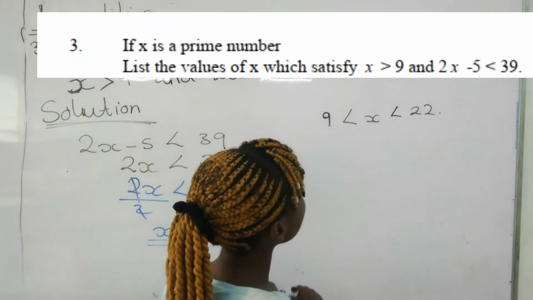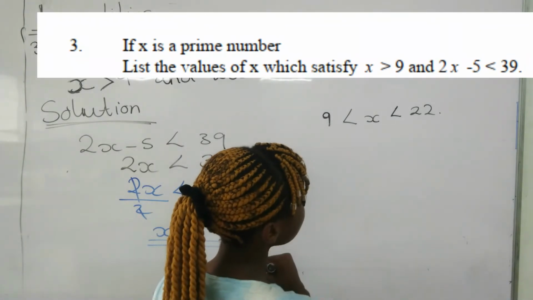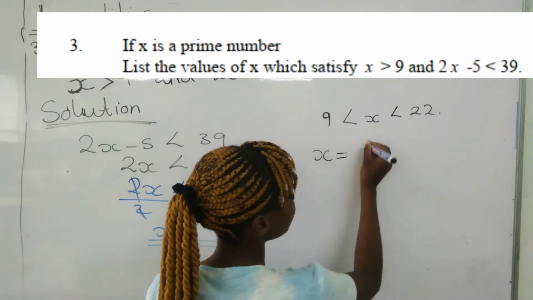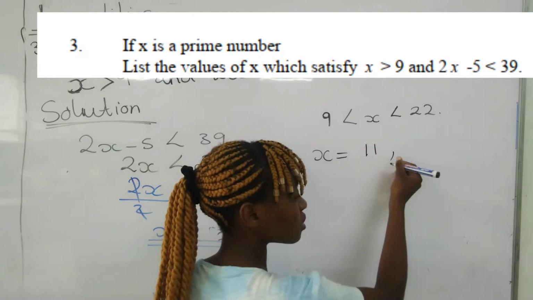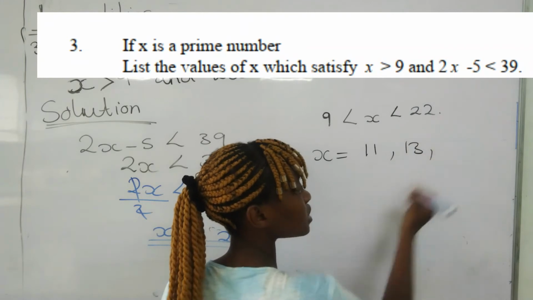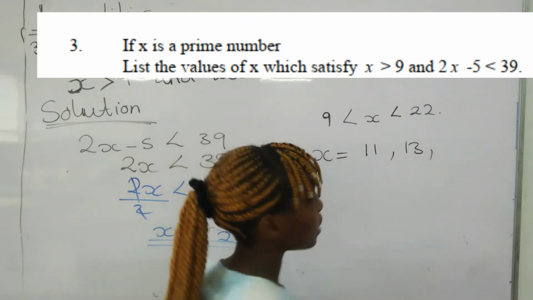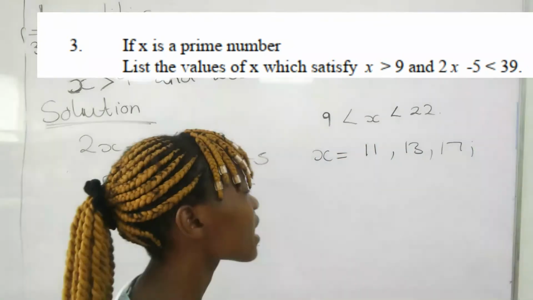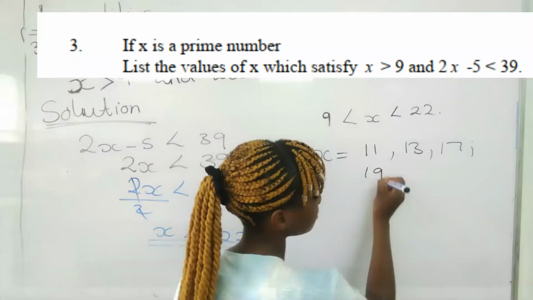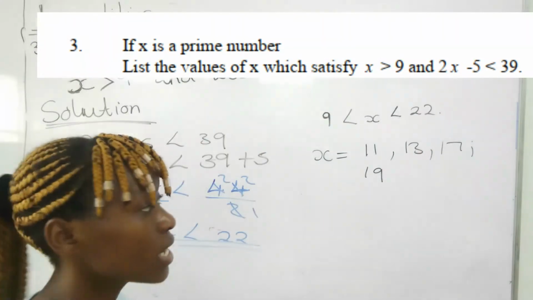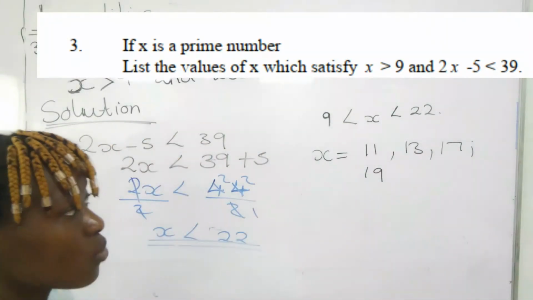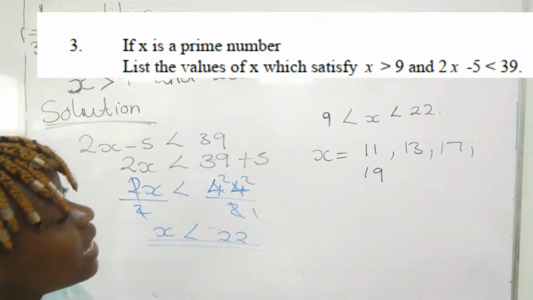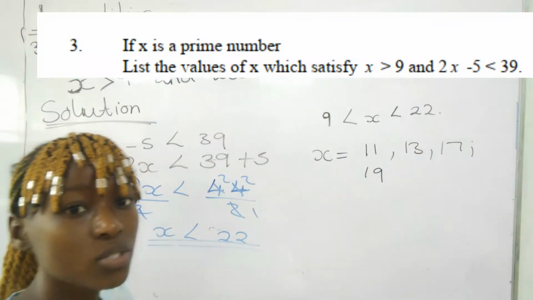So for 9 to 22, the values of x will be 11, 13, 17, 19. So we just have 4 values which are prime numbers and also within the range 9 less than x less than 22.